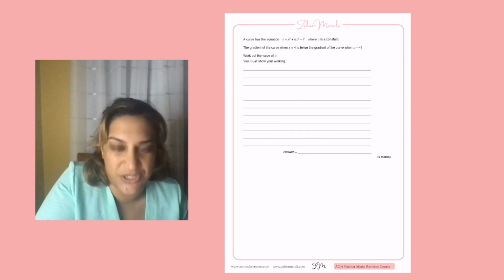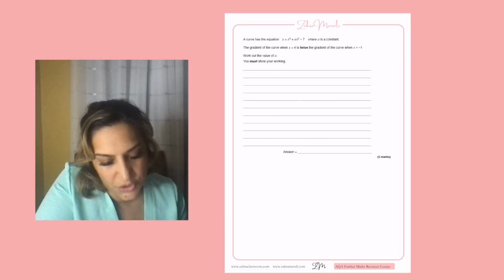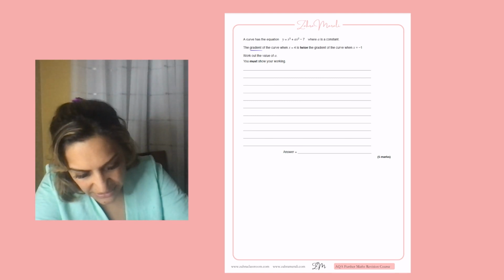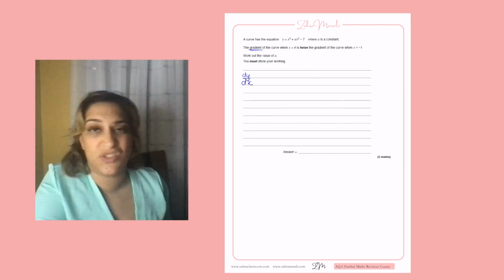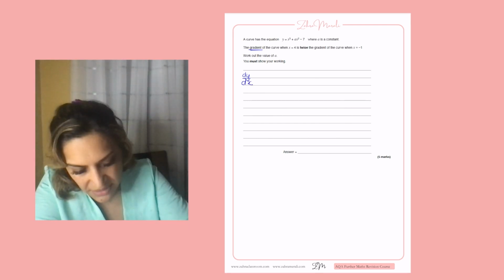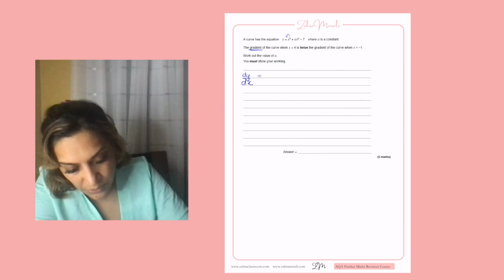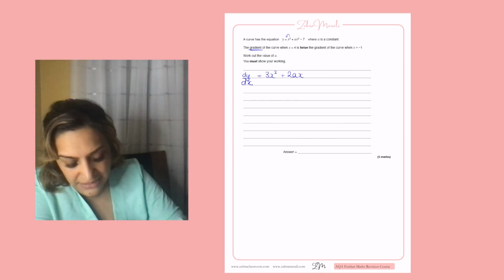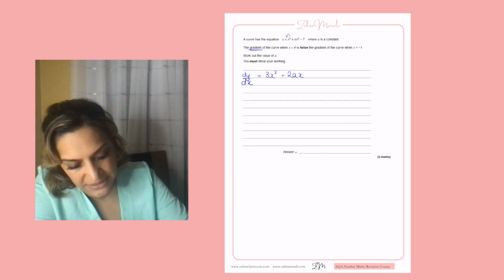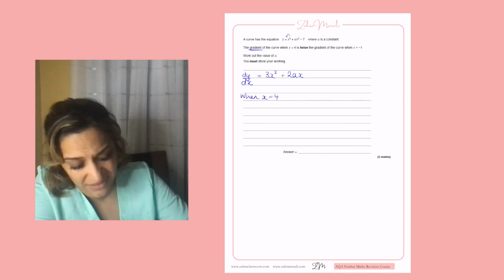Right, slightly longer question here. We've got a curve that has an equation. The gradient, we see gradient, my brain's going to go dy/dx. So first let's just work out dy/dx. Bring the power down, and take 1 away. So we get 3x squared plus 2ax. Now we're saying when x equals 4, what is dy/dx?